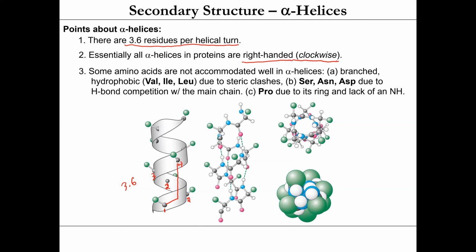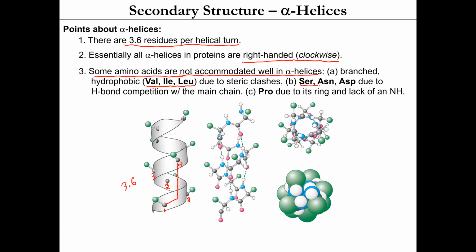Another point is that some amino acids are not accommodated well in alpha helices, so they'll actually cause the alpha helix to break and turn into something else, like a loop or a turn. Branched hydrophobic amino acids are not accommodated well in alpha helices, so that would be valine, isoleucine, and leucine. This is due to steric clashes between those really bulky hydrophobic groups.